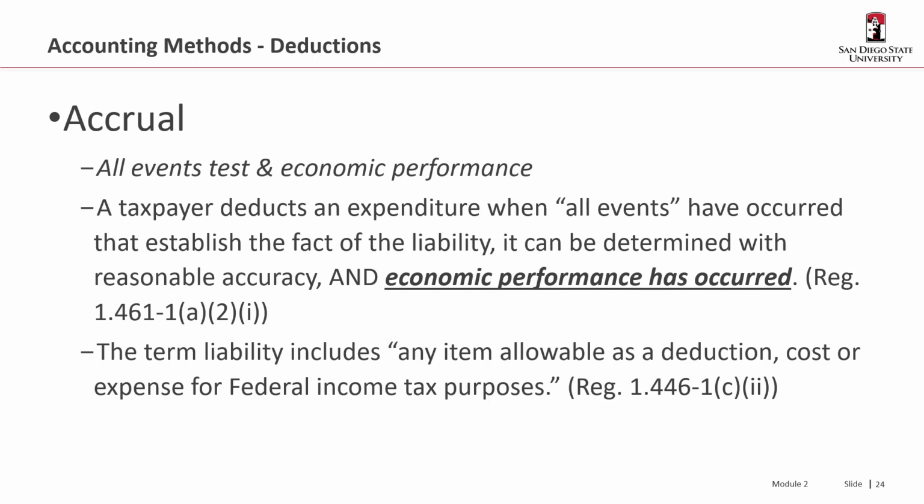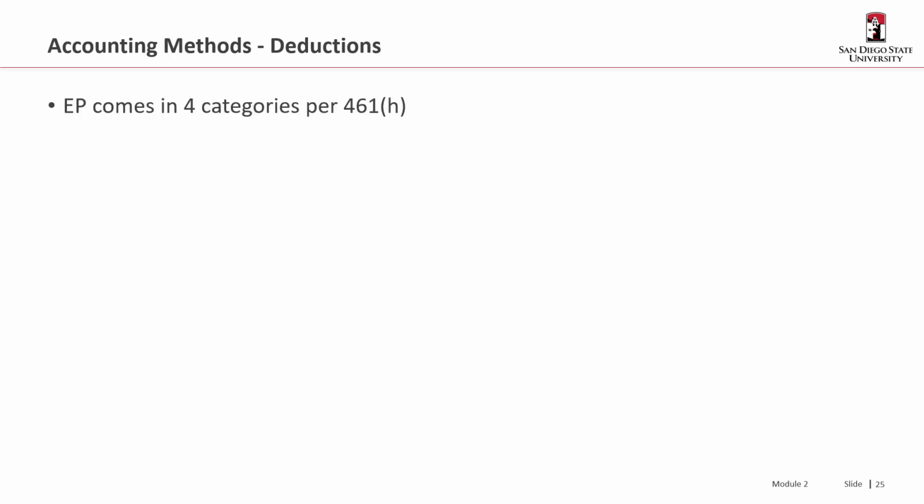Okay, so the all events test for deduction says a taxpayer deducts an expenditure when all events have occurred that establish the fact of the liability, so fix the right to receive or establish the fact of the liability, and it can be determined with reasonable accuracy, and economic performance has occurred. Okay.